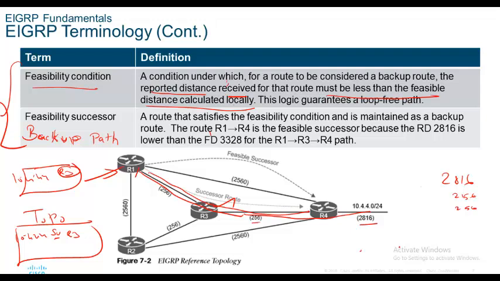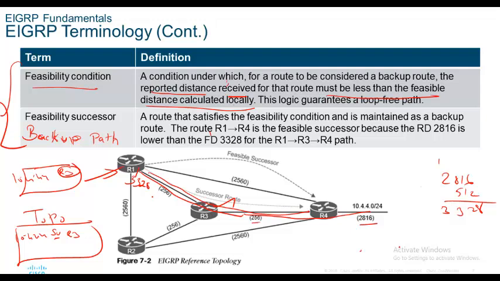Now what does it say? If this needs to be a qualified backup path, the advertised distance or the reported distance, what it is reporting, 2816, should be less than, see I'm drawing what it is saying, less than the feasible distance calculated locally. True, no? This is true.